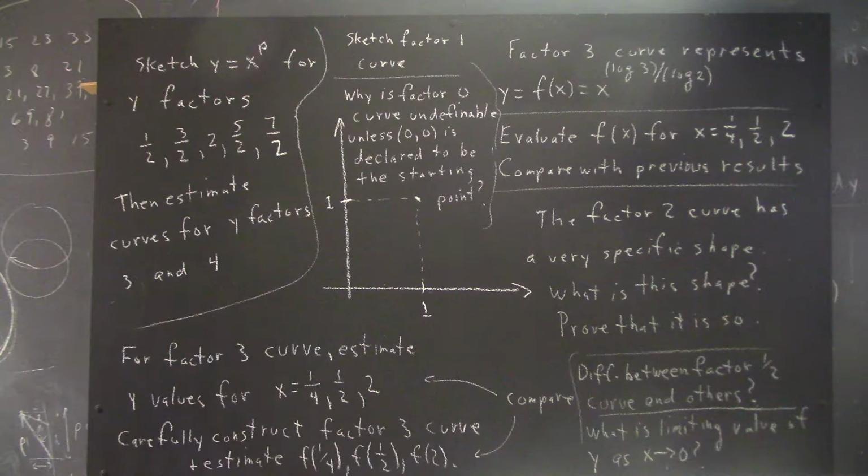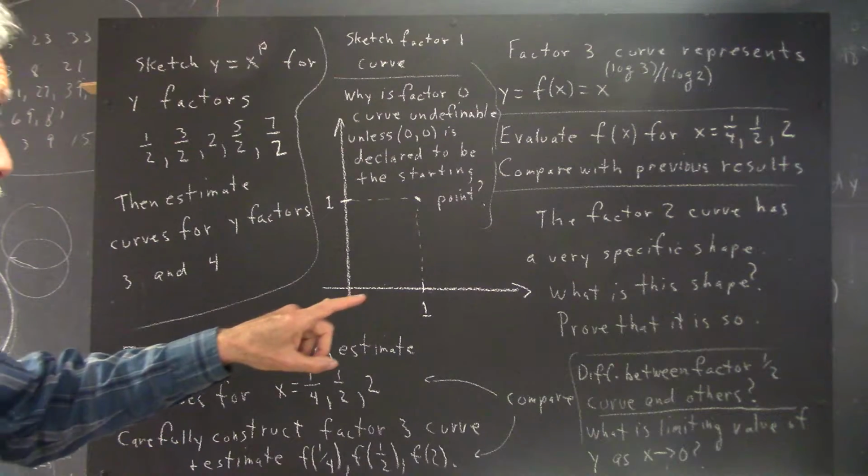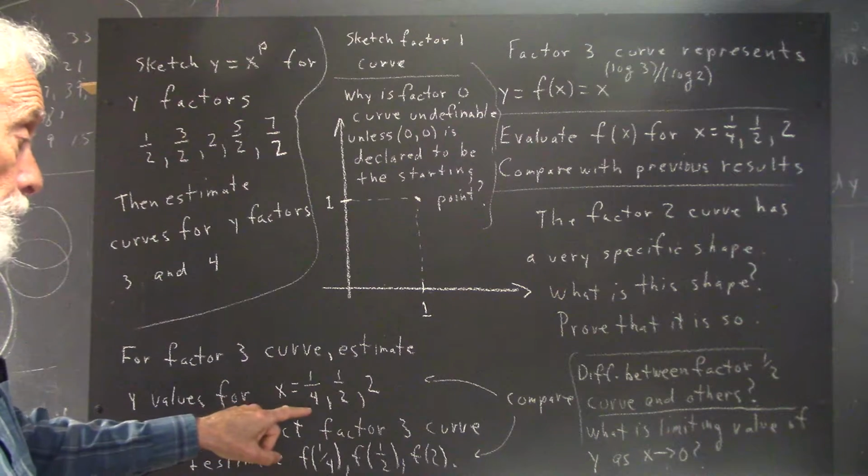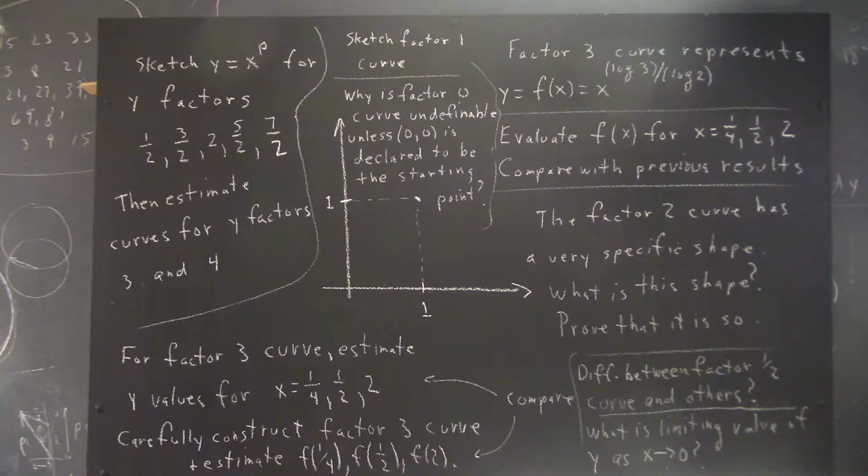And I'll let you think a little bit about how that would be done. Now, having done that, for your estimated factor 3 curve, we want to use that to estimate the y values on that curve for x equals 1/4, 1/2, and 2.